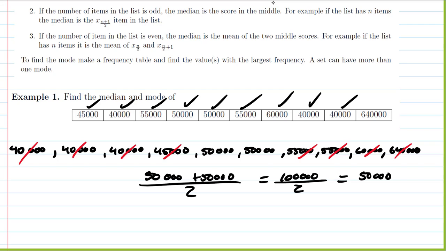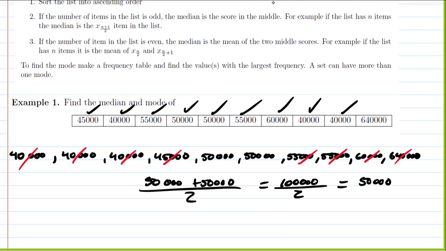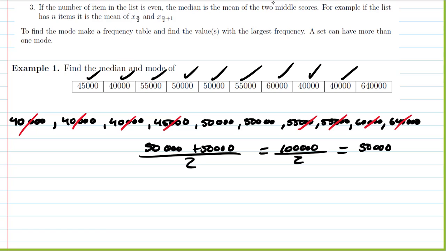So now, to find the mode, we need to find the value that occurs most often. So we can make a frequency chart if we wanted to, but we can also just count. So how many 40,000s did we have? 3. And if we look at our 45,000s, we just have 1.